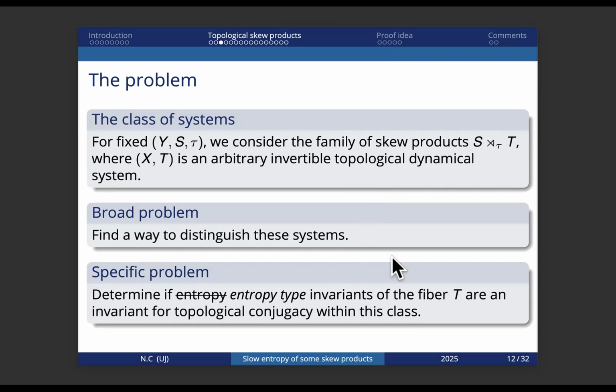So, if one writes this way, it is maybe natural that, in a sense, this question is easier for topological systems because topological conjugacies are continuous functions and they preserve much more than isomorphisms, like for continuous systems.